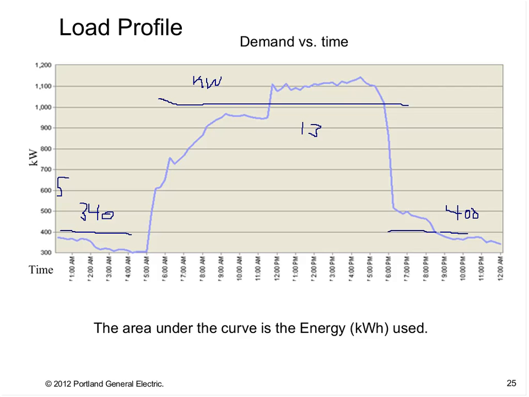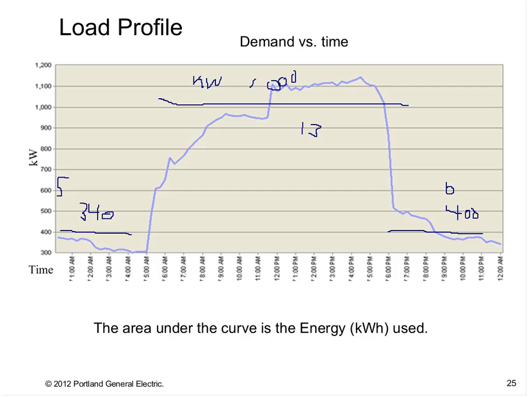kW over 6 hours. So to calculate this into kilowatt hours, you would take the 340 multiplied by 5, which is 1,700, and then add the 1,000 up here times 13, which is obviously 13,000, and then you would add the 400 multiplied by 6 equals 2,400.